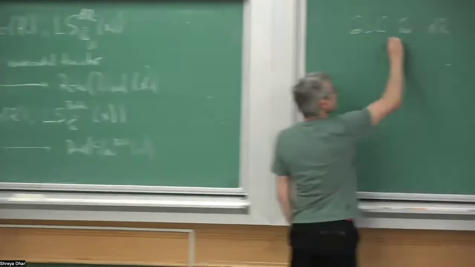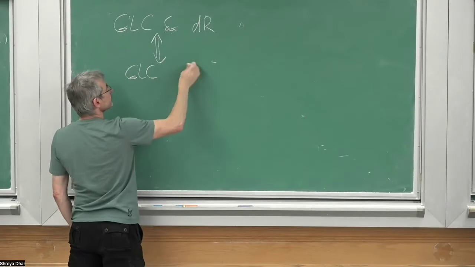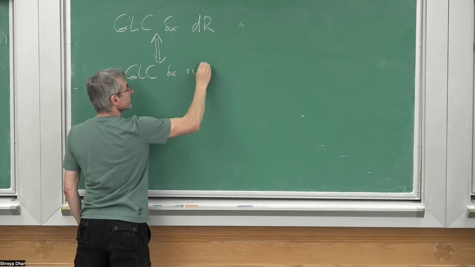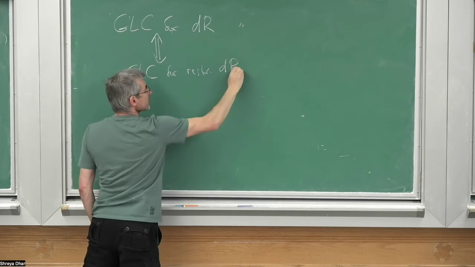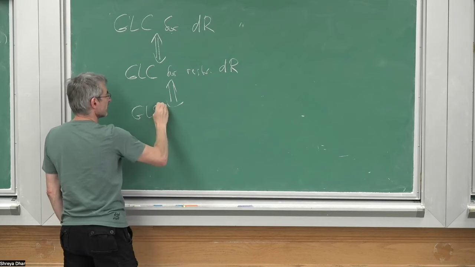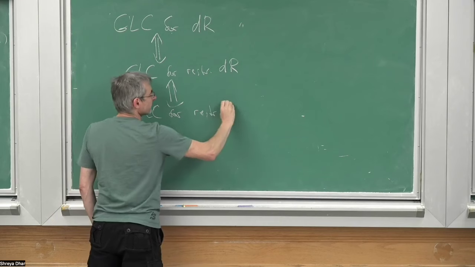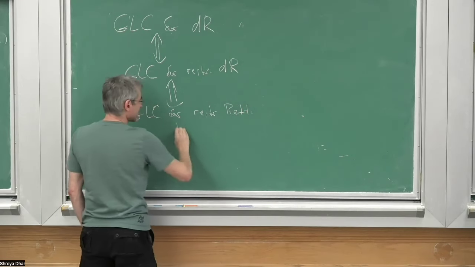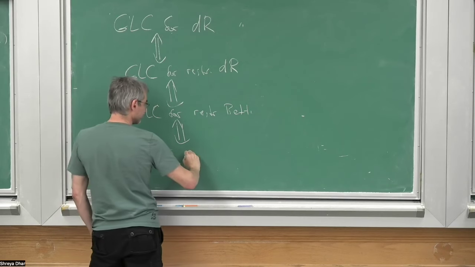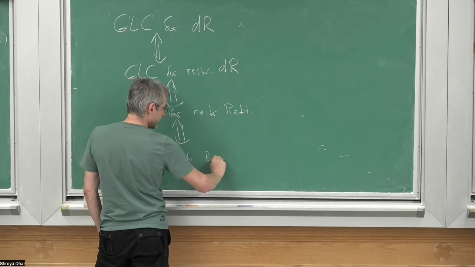From it, we show that it's actually equivalent to GLC for restricted de Rham. And then we apply Riemann-Hilbert, and we show that this is equivalent to GLC for restricted Betti. And then we show that restricted Betti is equivalent to GLC for non-restricted Betti, just Betti.